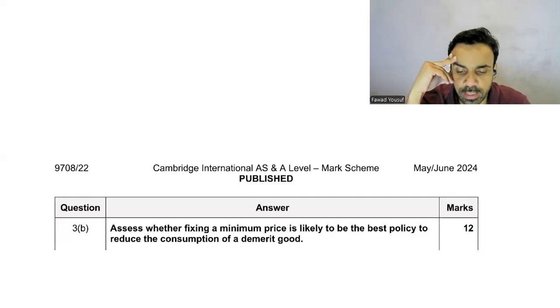Kids don't do so well in these questions for some reason. If you go over this question, this is from our variant 2024.